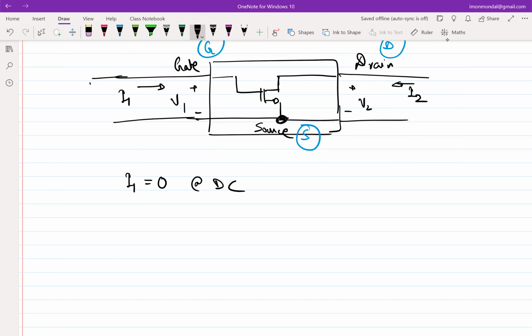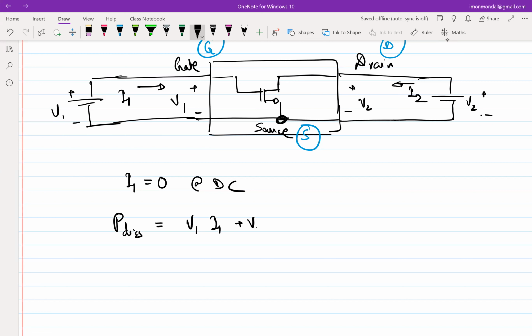Let's say I have a battery here and a battery here. There is no battery inside. Okay. So this is V1, this is V2. What is the power consumed by the box? Correct. This is V1 I1 plus V2 I2.